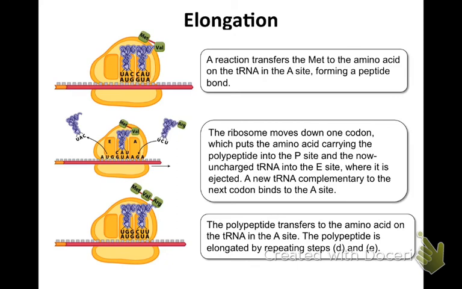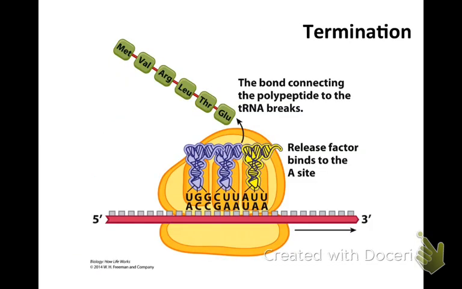Elongation is the moving of the ribosome down the messenger RNA, and bringing in the appropriate tRNAs with the appropriate anticodons for the codons that are there, dropping off the amino acids, and as that happens, the amino acid chain continues to grow. I do this until I hit a stop codon. Then termination happens: I get the hydrolysis of that last amino acid from its tRNA and the breakdown of this entire complex. Everything gets recycled to do it again.